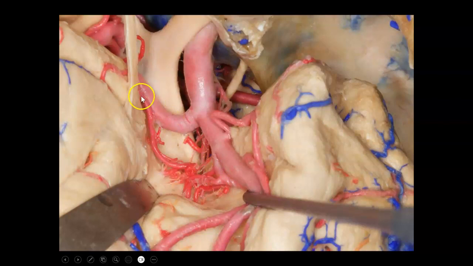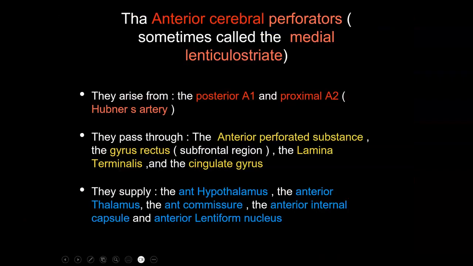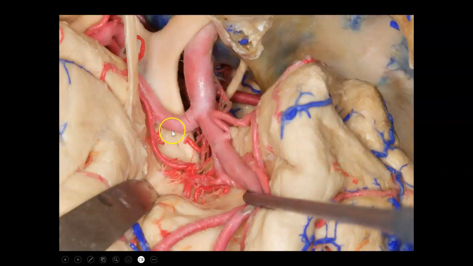You notice here also a very important artery, a branch of the anterior cerebral, as we'll see. It's called the recurrent artery of Hubner, which is arising from the anterior cerebral, the proximal A2, and passing back, reaching the anterior perforated substance and giving perforators also.